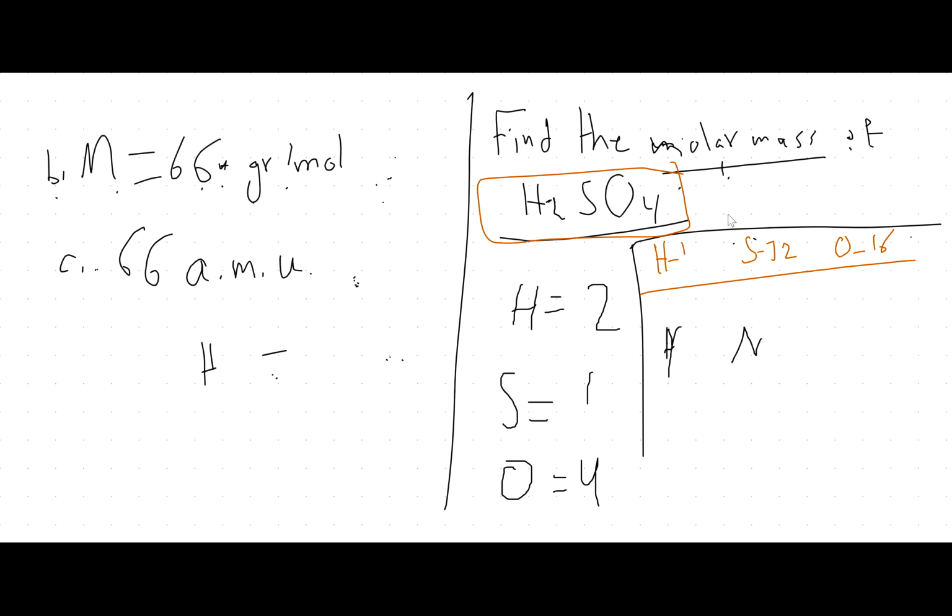Miss, do I need to write the formula that you gave us? Yes, you write H2SO4 small like this, with the label at the bottom, to show which molecular formula, because during the exercise you have to find the molar mass for more than one molecule.